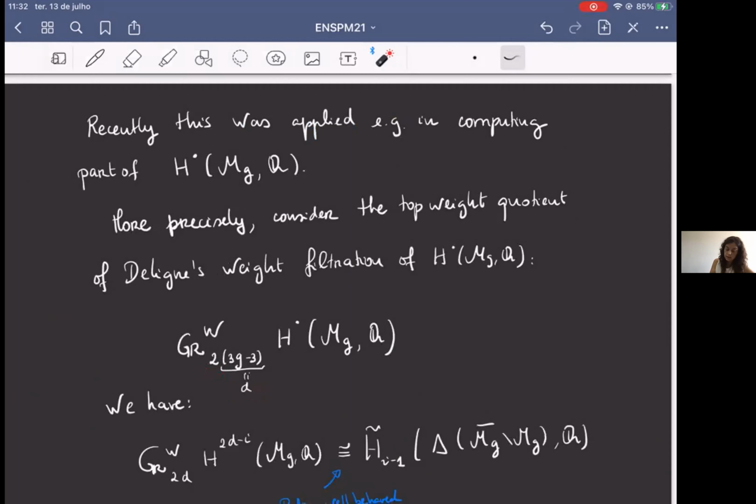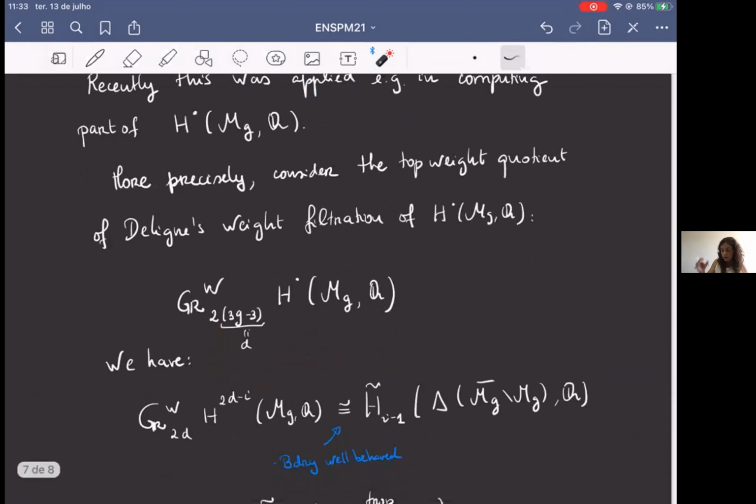This is smooth as a stack. And so the top weight degree of the rational cohomology ring of Mg is going to be the part of weight twice the dimension, which in our situation is 6g minus 6.